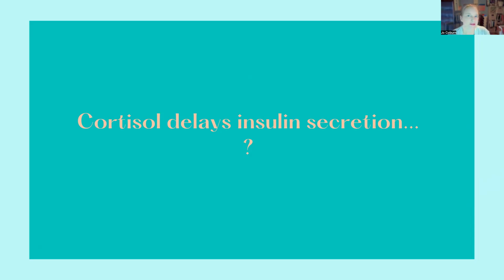Anybody done a deep dive into glucose regulation lately? All digestive secretions are halted. Right. What about insulin? How's glucose getting into those muscle cells if insulin is being delayed? Anybody know?